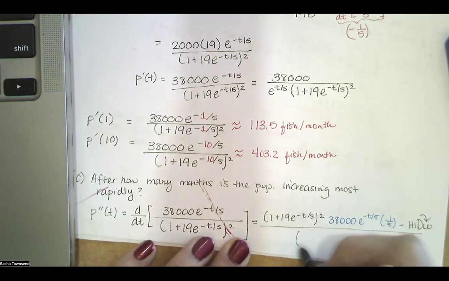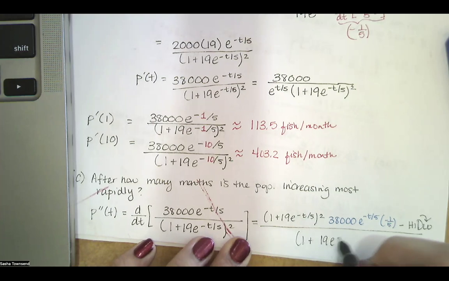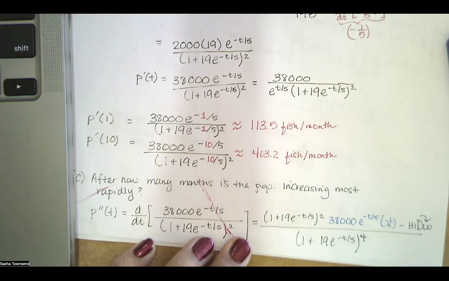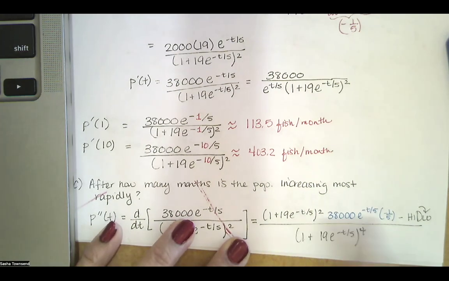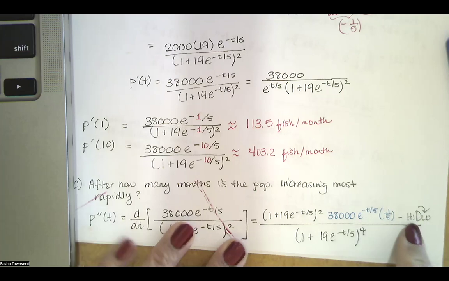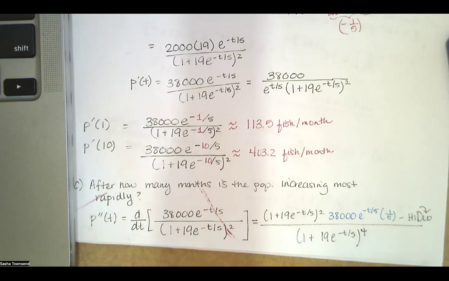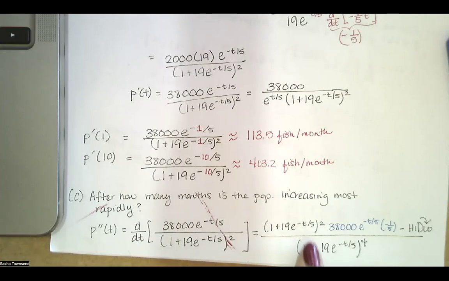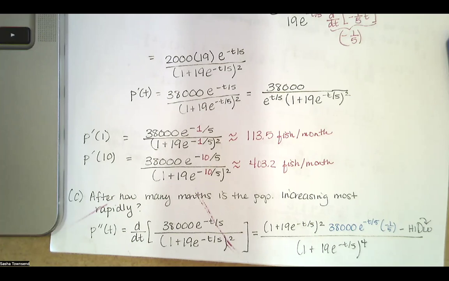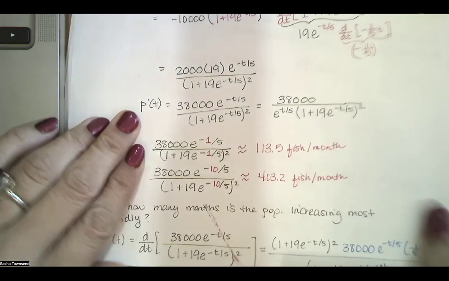All divided by low, which is this. We're taking something squared and squaring it again, so it's going to be raising it to the 4th. That's the plan, but I actually have to write out that top function and the derivative of the bottom function here, and then hopefully we'll be able to factor it and set p double prime equal to 0 and solve for t.